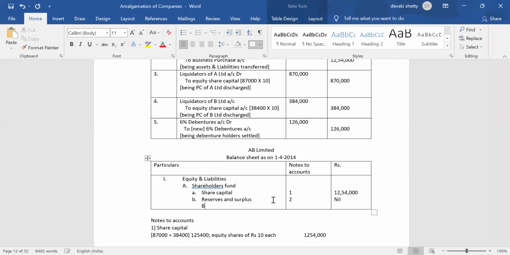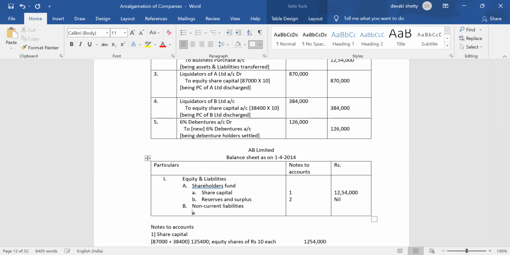डिबेंचर है, इसके बाद बी नॉन करंट liabilities are of two types, non-current and current. उसमें long term borrowings 6% debentures. नहीं लिखेंगे तो भी ठीक है, डायरेक्टली वी कैन राइट द अमाउंट. 1,26,000 is new debentures.